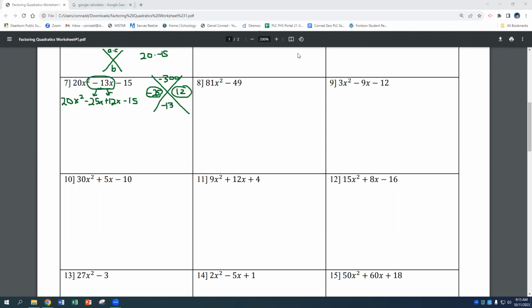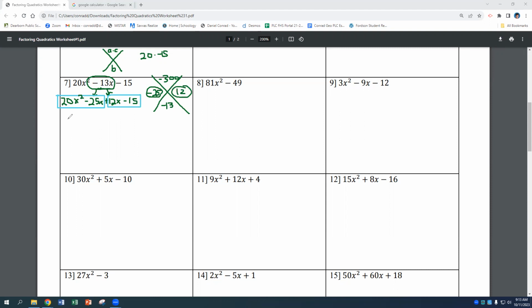So I'm going to start by looking at these two terms here, and then I'm going to look at the last two terms. In those first two terms, 20x squared minus 25x, I'm looking for the greatest common factor.